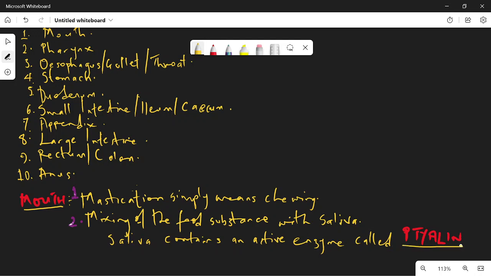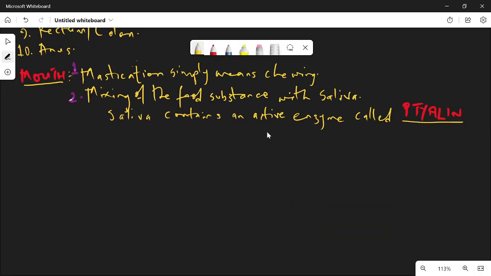So what does ptyalin do? Ptyalin converts starch. Starch is being converted by ptyalin to maltose.